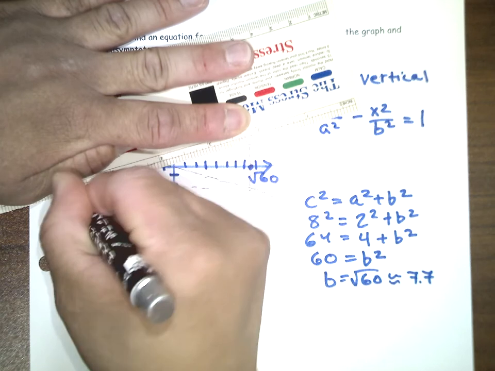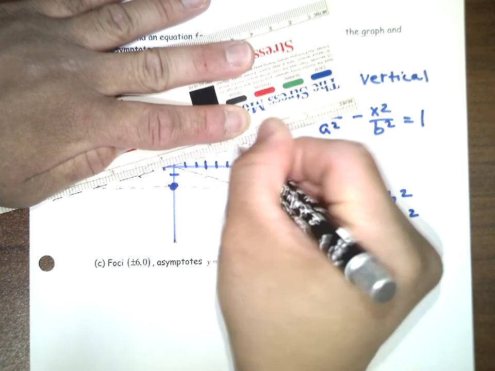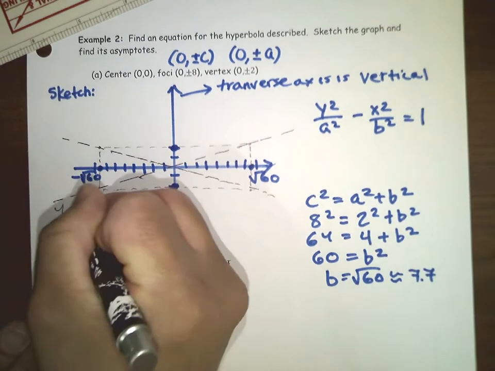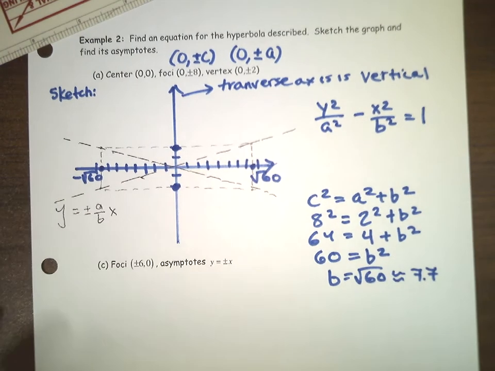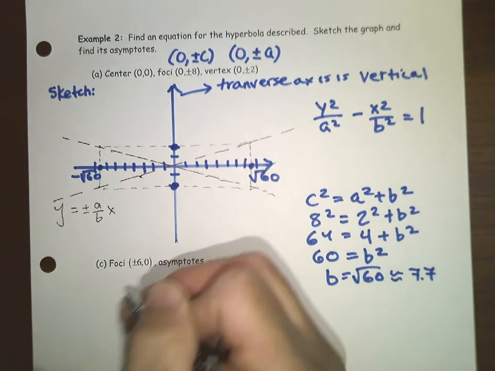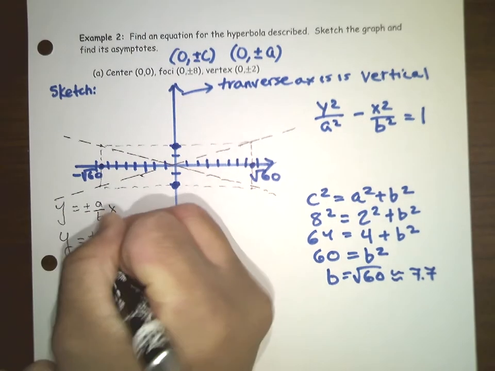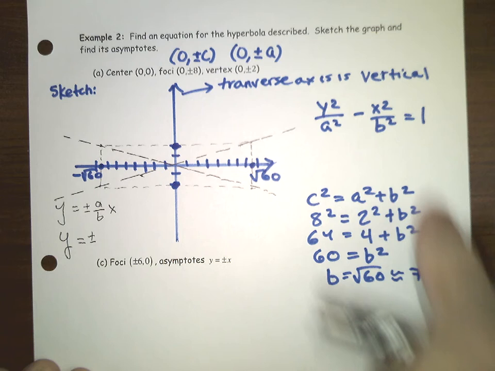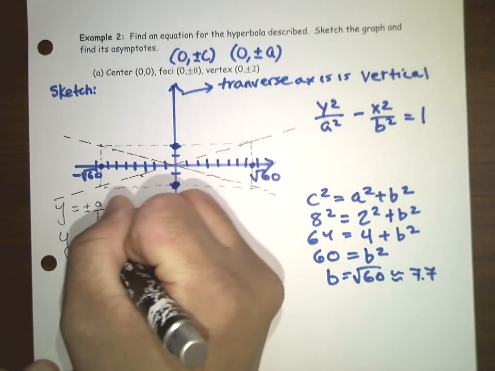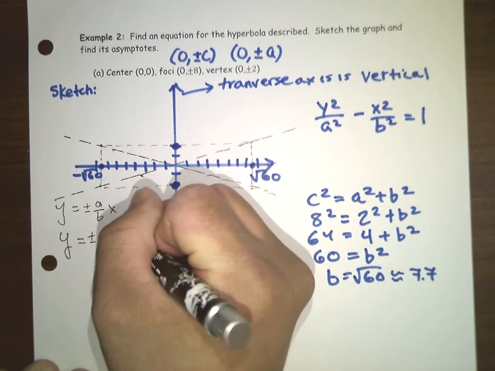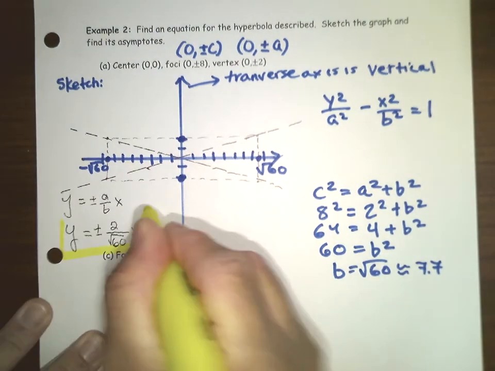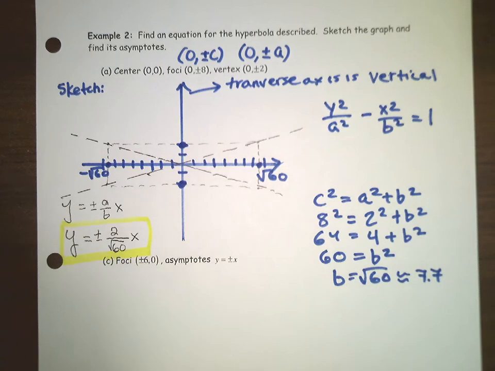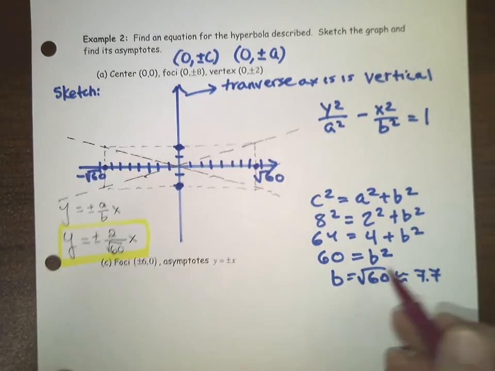And I know that the equation of the asymptotes is actually just going to be y is equal to plus or minus a over b x. So y is equal to plus or minus, a was 2, and b was the square root of 60, so 2 over the square root of 60 x. So that is the asymptote. And then we need the equation. So if I just substitute the a squared and the b squared in, then I have the equation.